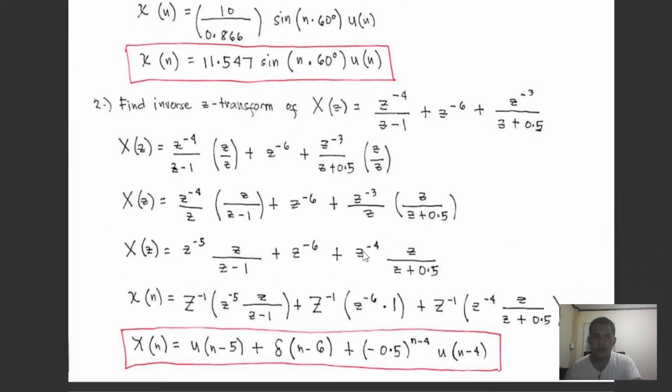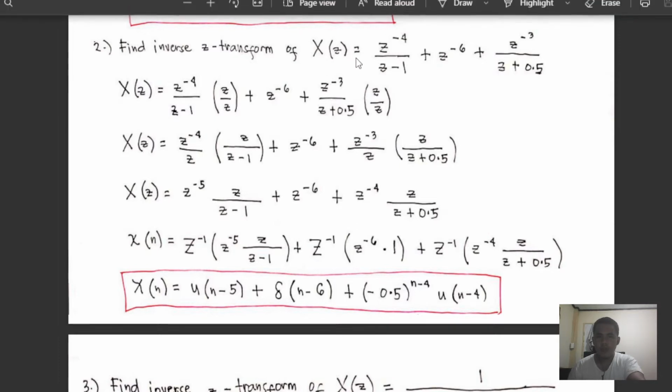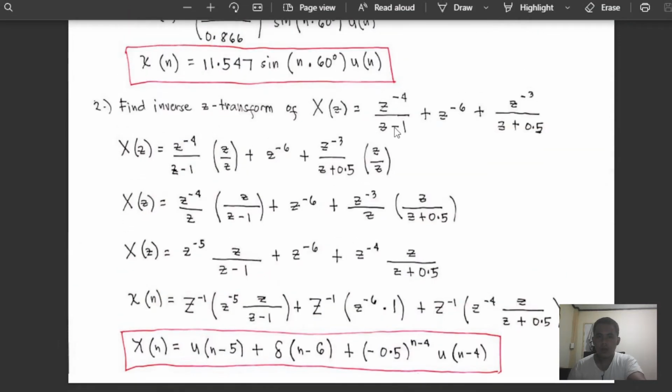Then number 2 is find the inverse Z transform of the system X(z), which is equal to z raised to the power of 4 over z minus 1, plus z raised to the power of negative 6, plus z raised to the power of negative 3 over z plus 0.5.